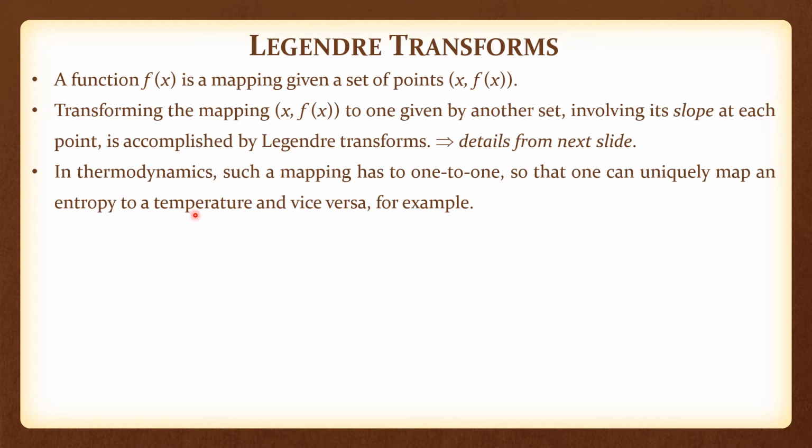This was the example that we were looking at. Instead of fixing S for S, V, N, we are going to fix the slope, which is the partial derivative of U with respect to S at V, N, right? So those are going to be T, V, N, right?